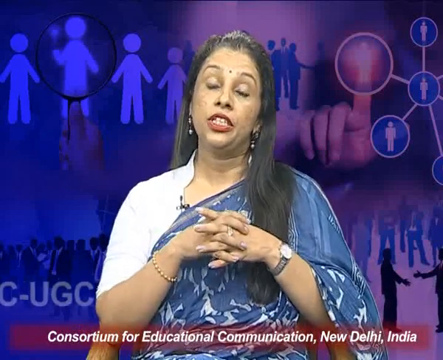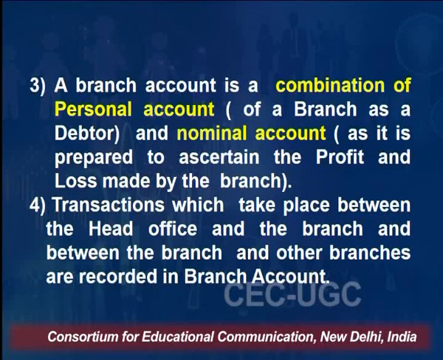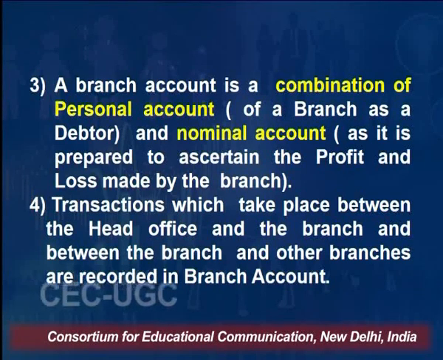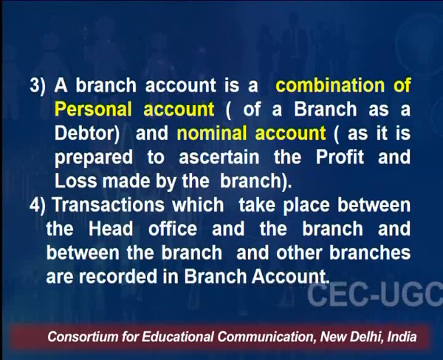The transactions which take place between the head office and the branch. So only those transactions which take place between the head office and the branch are going to be shown in the branch account. All those transactions which are with the branch and the third party are not going to be depicted in the branch account. The reason is simply this branch account does not depict all those transactions which take place between the branch and the third party.